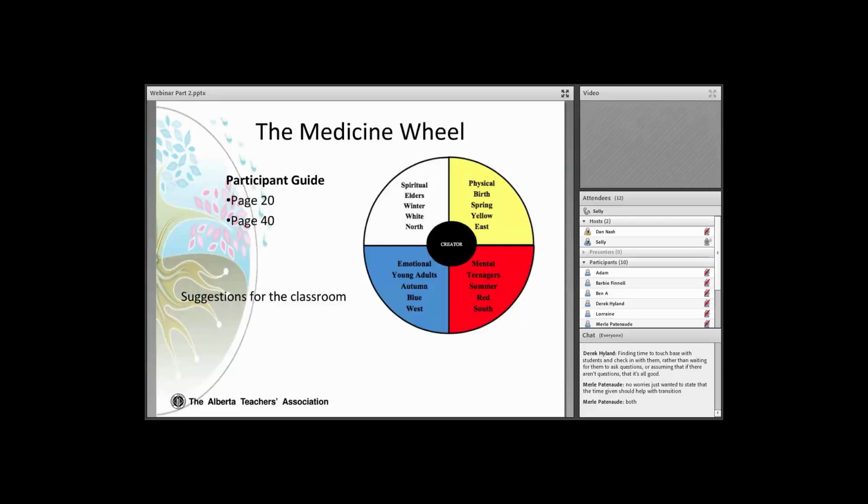So your students can participate in a talking circle, learn to listen and respect the views of others. It's a really great activity for students to participate in. It's important that it's done respectfully. There's only one person that speaks at a time.